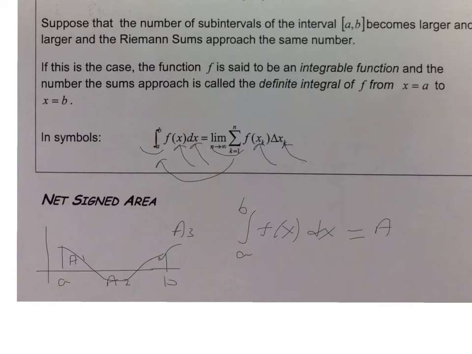It's going to take area a sub 1, subtract a sub 2, and add a sub 3.